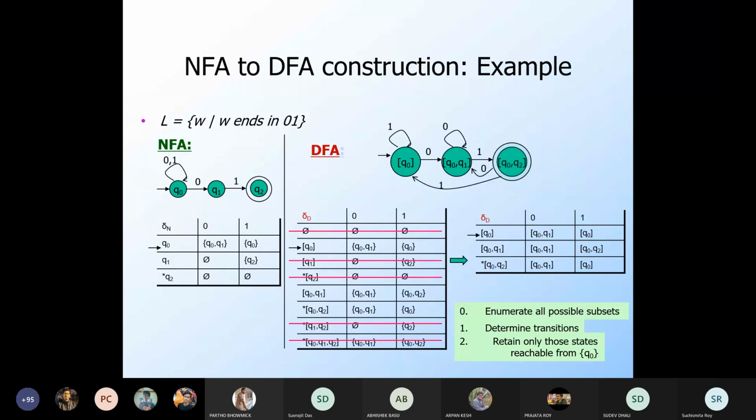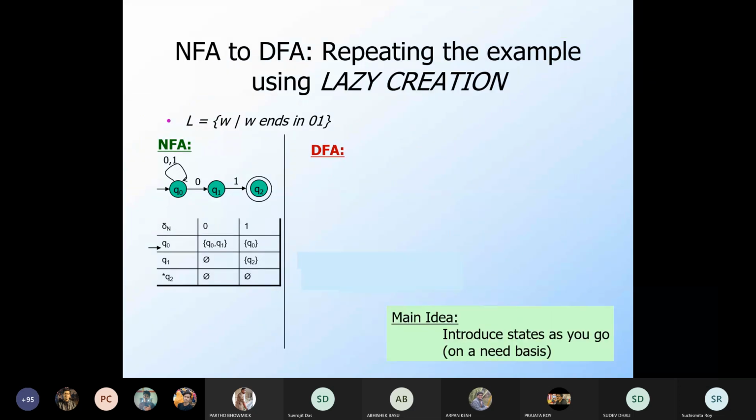So it's no point in working out the transitions from these subsets. What we do next is we follow a lazy creation of states. These subsets are being created in a lazy manner, as and when required. So this is the lazy creation, same example to work out again.